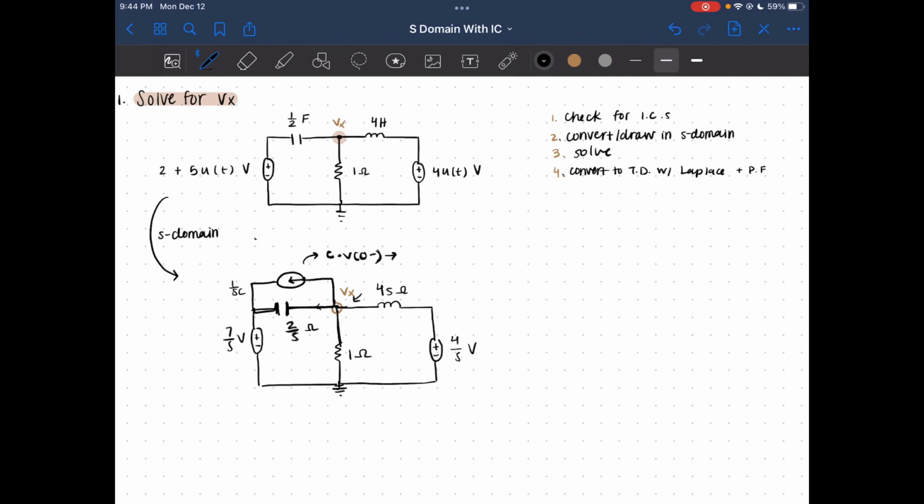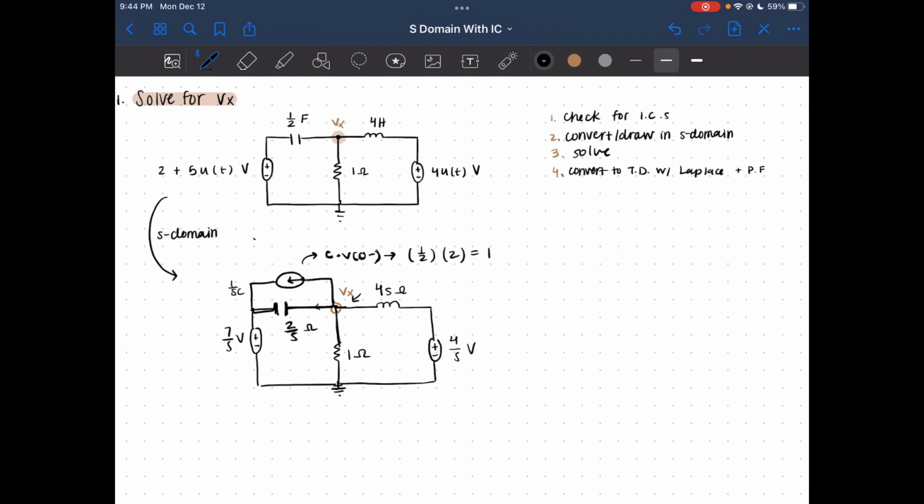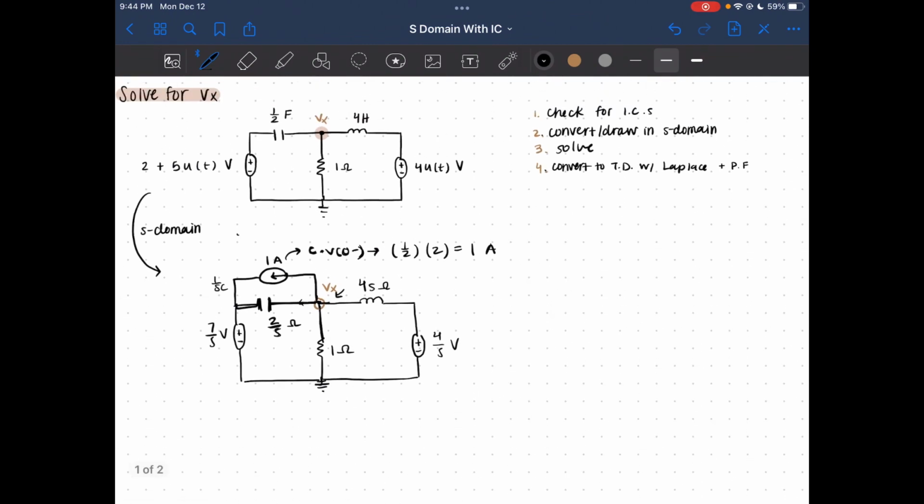So this is for the capacitance, which is 1/2, and the voltage existing before time 0, which we found to be 2, therefore this is 1 amp. We can just go ahead and write 1 right here. Now that we have initial conditions done in our S-domain circuit, we can go ahead and start solving.